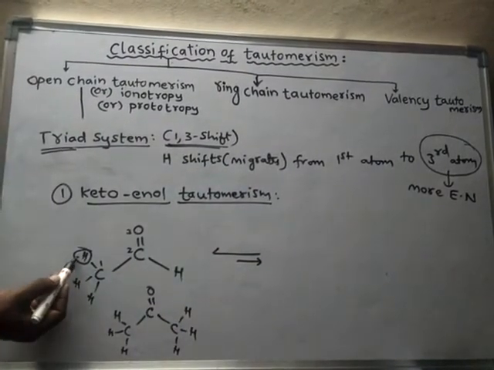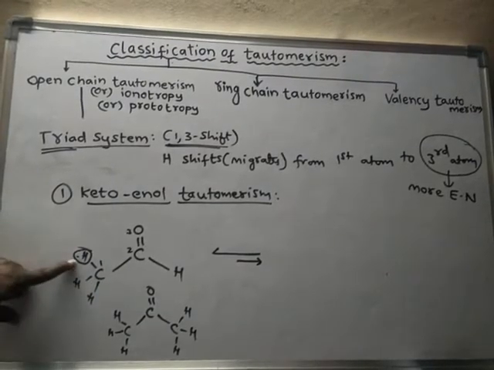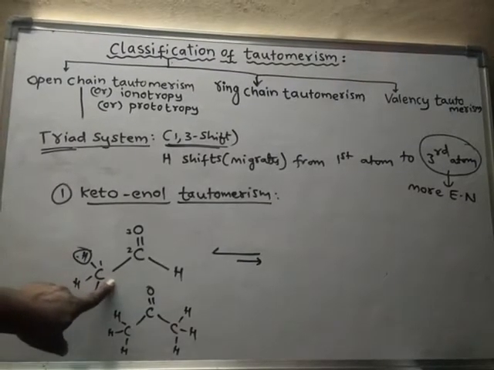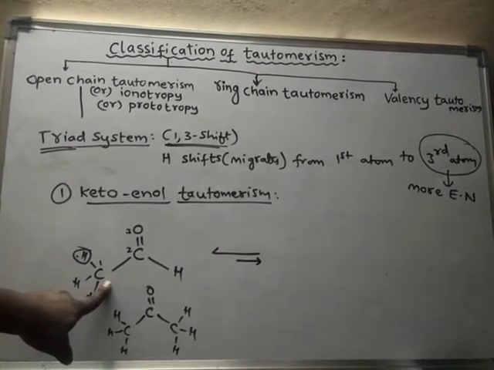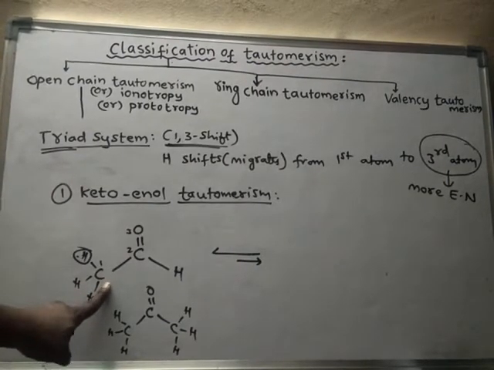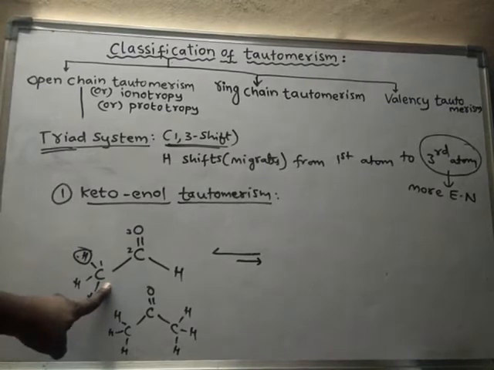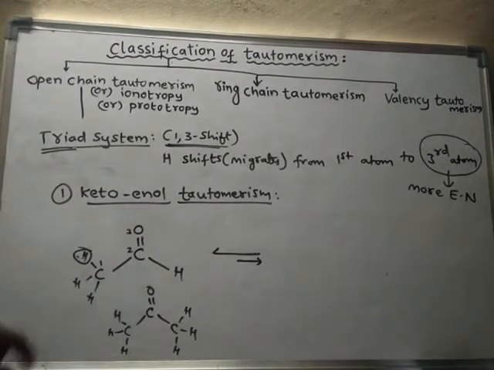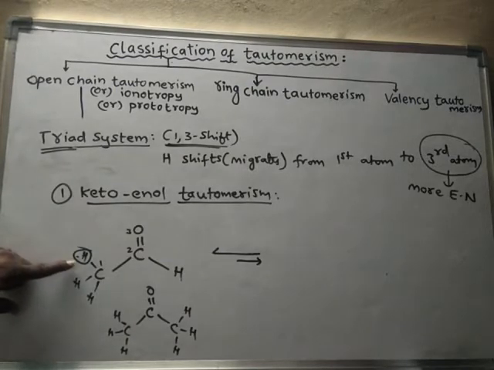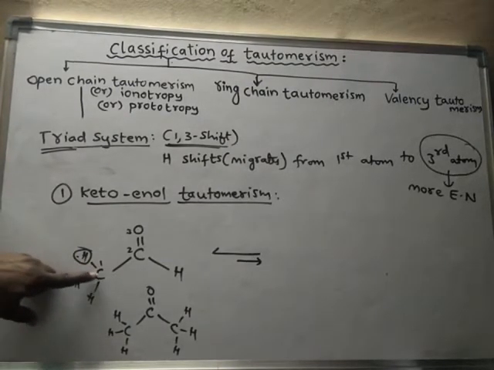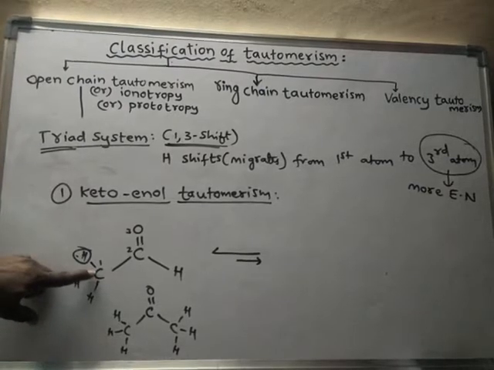Here one of the hydrogens attached to the carbon should be on an sp3 hybridized carbon. Remember, it is preferably an sp3 hybridized carbon. If it is an sp3 hybridized carbon, then that hydrogen will move freely.